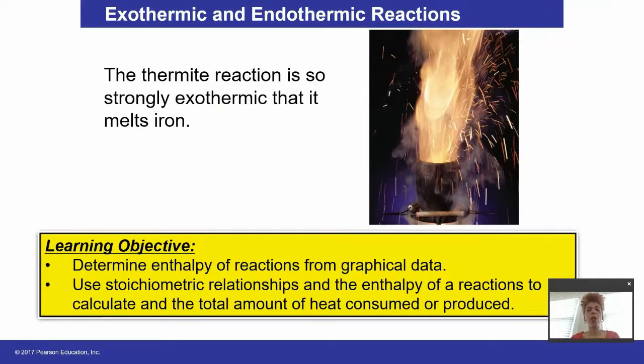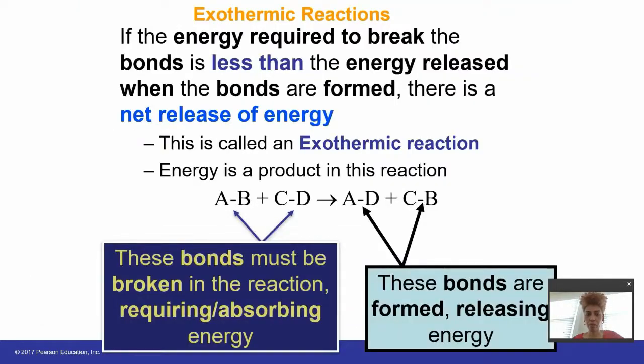All right. So now we're going to take a look at how to determine enthalpy of reactions from graphical data and use the relationships in a chemical equation to help us calculate the amount of heat consumed or produced in a chemical reaction. So let's review.